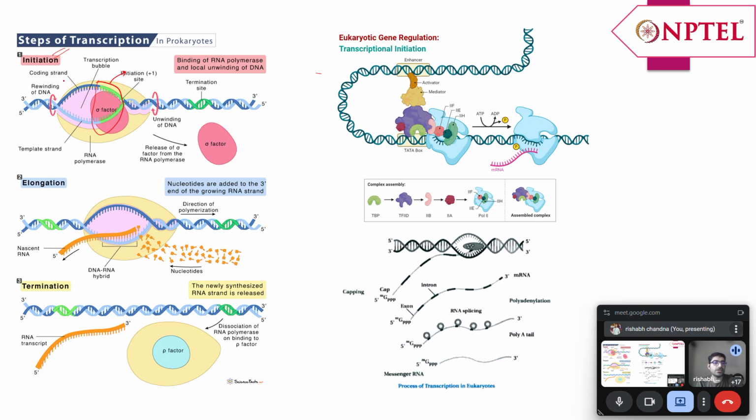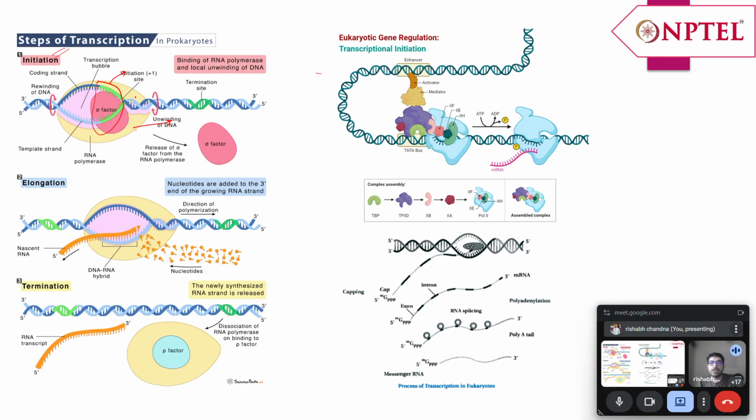In initiation, the RNA polymerase binds to the DNA and forms a transcription bubble. Now this RNA polymerase moves forward, unwinds the DNA and also transcribes the RNA.